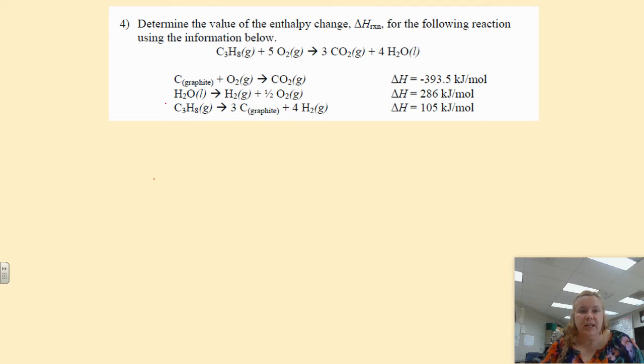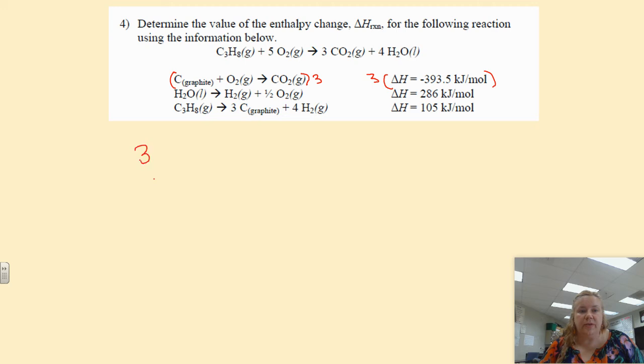However, we need to get this equation written out. So let's take this first one and see what pieces we can get from it. We've got our CO2 and our O2 here, so we can work with that. Let's just keep it going the same direction, but we do need to have 3 CO2. So we're going to multiply everything here by 3, including multiplying our delta H by 3.